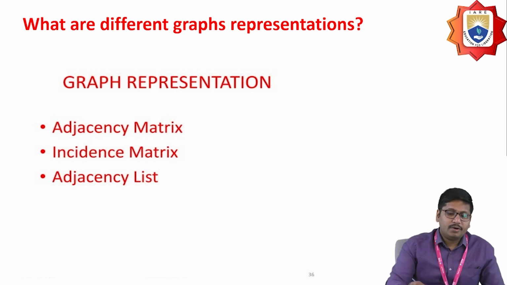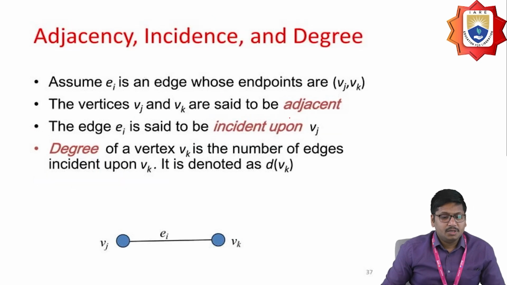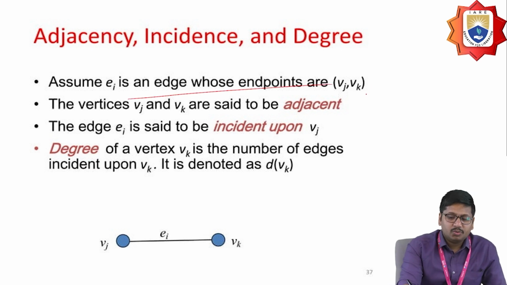And next, what are the various representations of the graph? Here we have three different representations: adjacency matrix, incidence matrix, and adjacency list. These are the three graph representation techniques. So what are adjacency and incidence? If there is an edge between two endpoints, then V1 and V2 are adjacent.